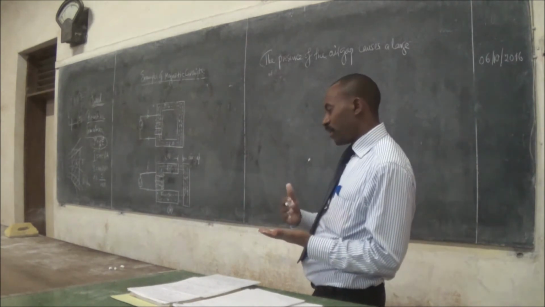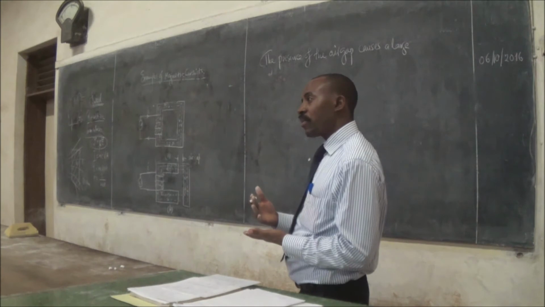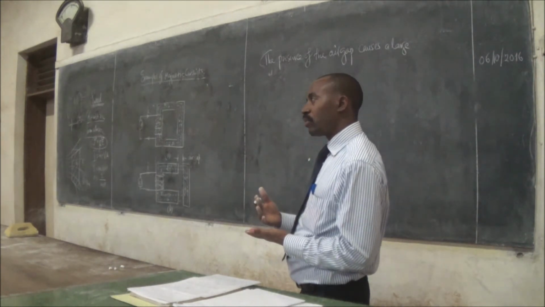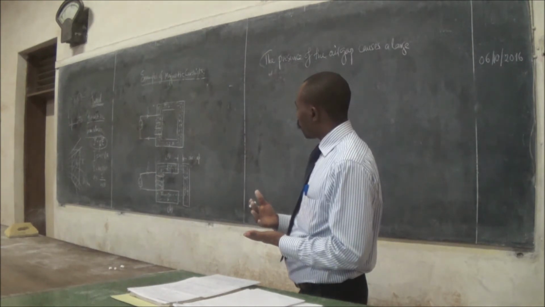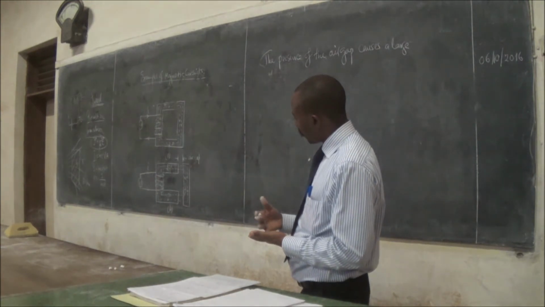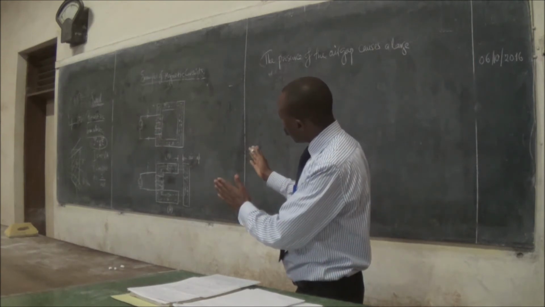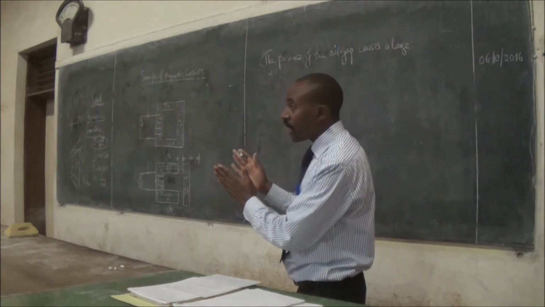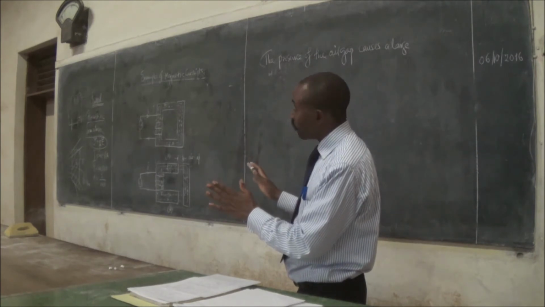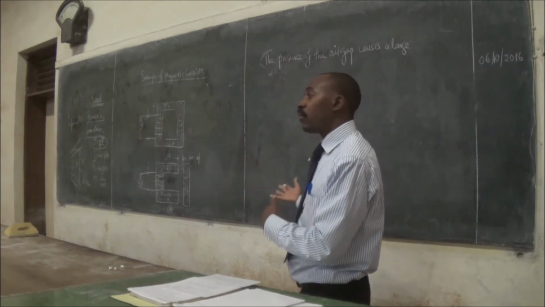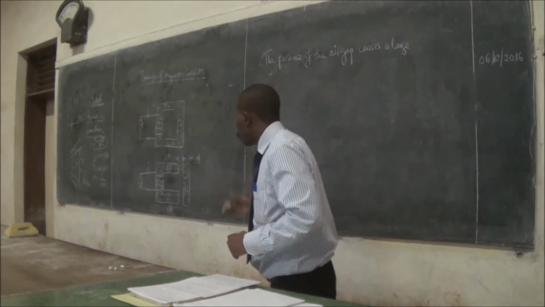If you have a material like iron or steel, whichever magnetic material you have, its permeability will be higher than what you have for air. So it would have been easier to make these field lines cross.